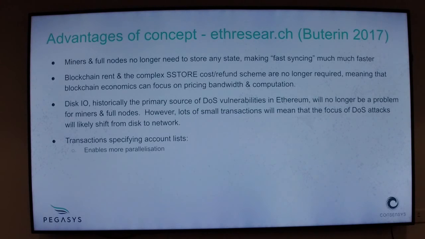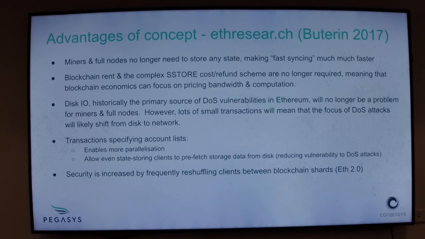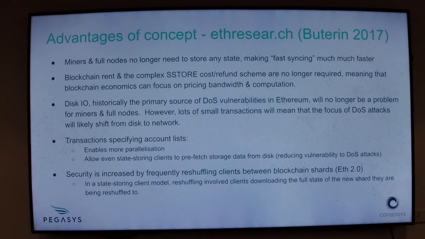And transactions specifying access lists enable more parallelization and allow even state-storing clients to prefetch storage data from disk, reducing vulnerability to DOS attacks. And security is increased by frequently reshuffling clients between blockchain shards. So this is an aspect that's relevant to Ethereum 2, where we've got shards.